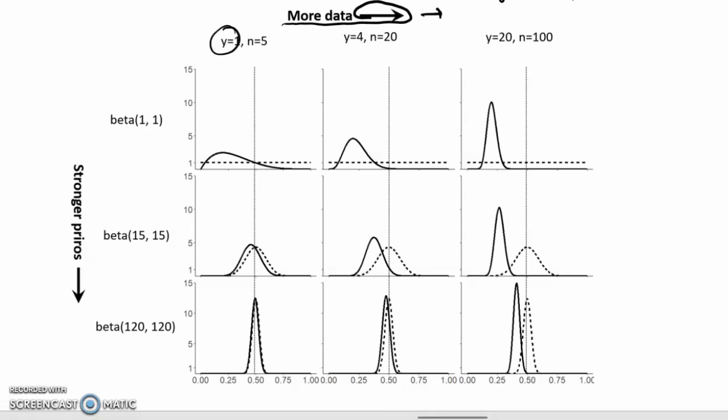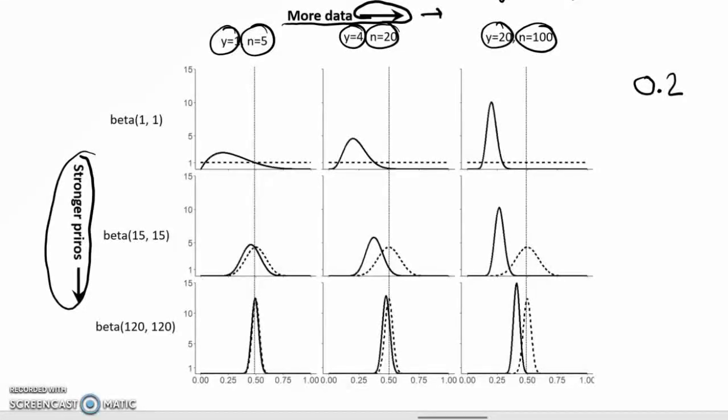So here we've got 1 success in 5 trials, 4 successes in 20 trials, 20 successes in 100 trials. In every one of these cases, the proportion of successes is equal to 0.2. As we go down, we have increasingly stronger priors. A beta 1-1, a beta 15-15, and a beta 120-120.